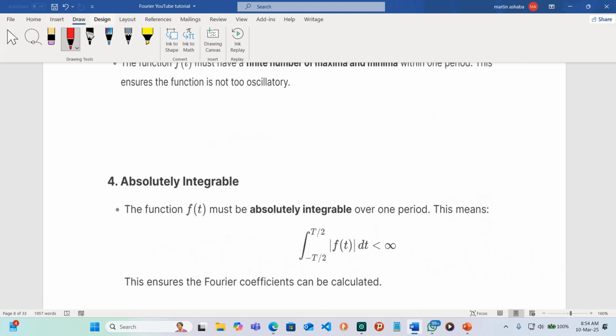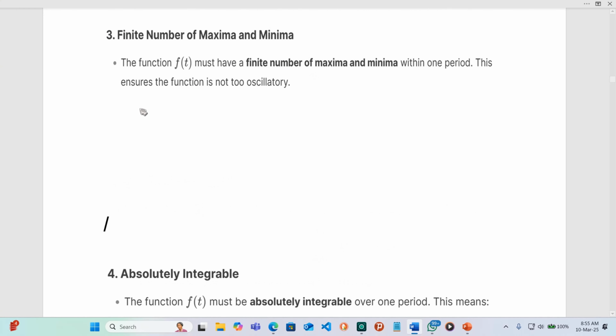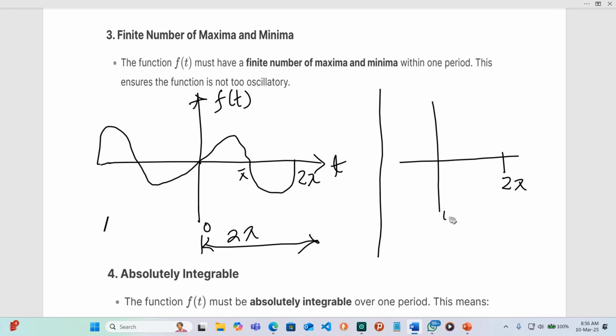You should also have a finite number of maxima and minima. Take an example with maybe a sine wave. So assuming a sine wave, you have 0 at 2 pi. You have a pi here and 2 pi here. So that means the period is 2 pi. Now, assuming you again have a similar function like this, you have 2 pi and 0.